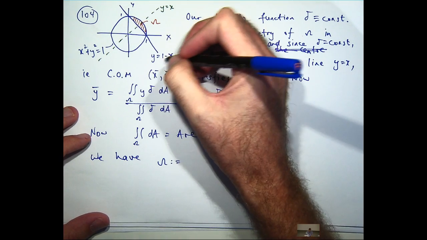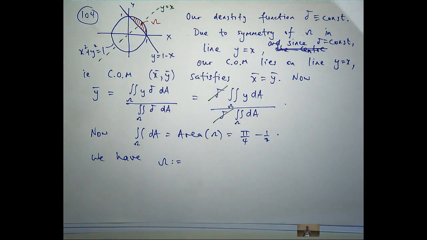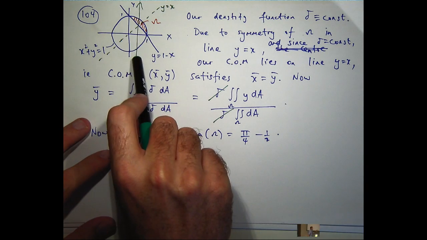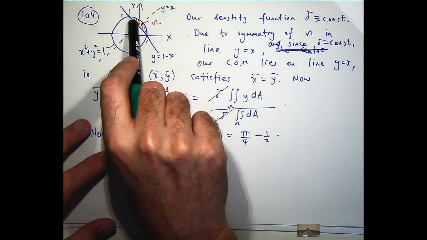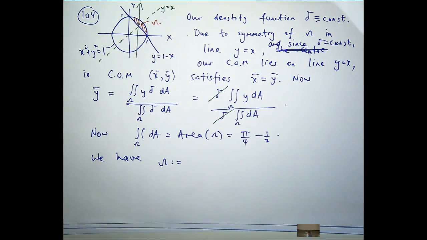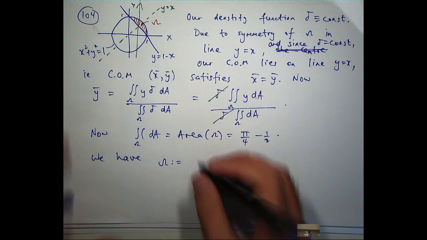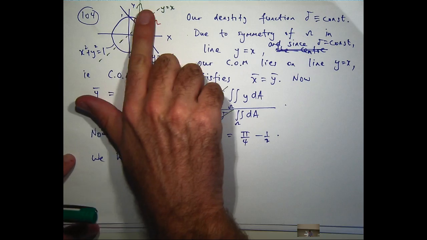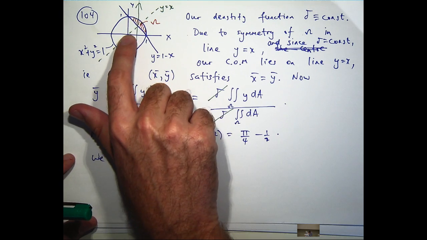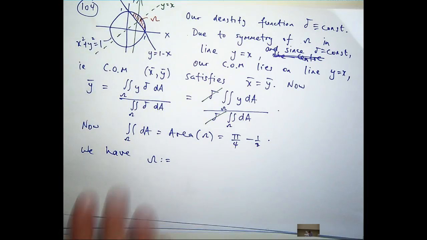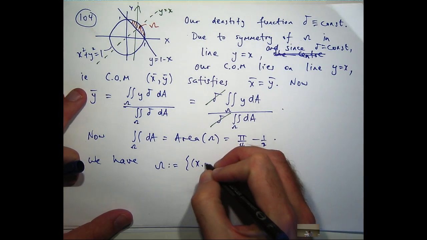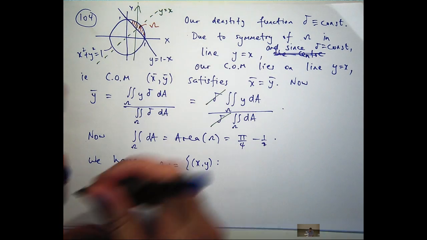And this curve here is just y equals 1 minus x. So if I draw a vertical line in, I can see that my vertical line enters my region omega at 1 minus x, and it leaves the region omega at root 1 minus x squared. How far do I have to shift along the x-axis to cover my region omega? Well, I move my vertical line between 0 and 1. So there are the bounds on my region. Okay, so x is going to be between 0 and 1.